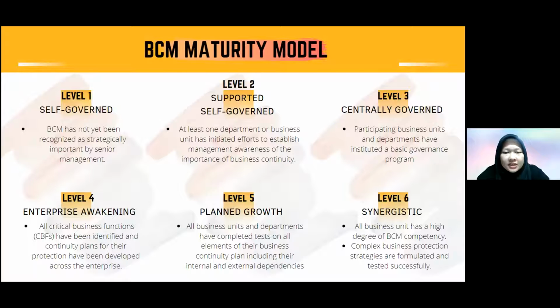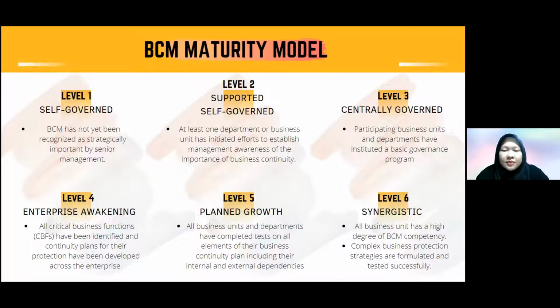And the next level is enterprise awakening. In this level, senior management gets it and is committed to the strategic importance of an effective BCM program throughout the organizational enterprise.